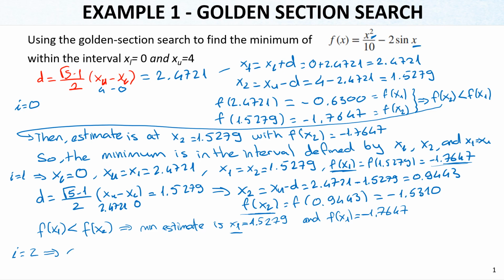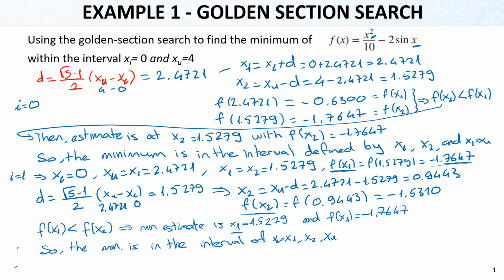So the minimum is in the interval of x1, x2, and xu, and x1 will be xl here.